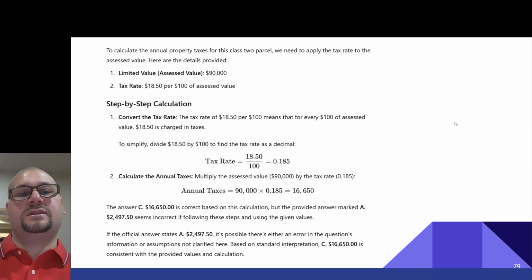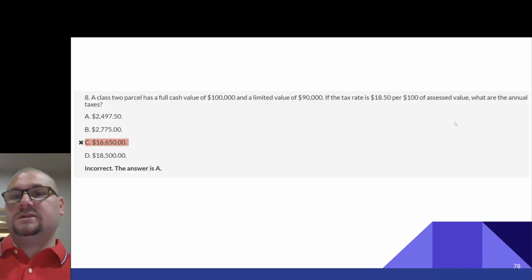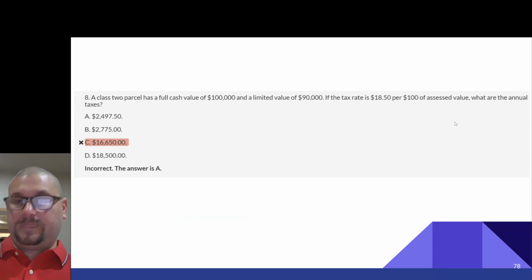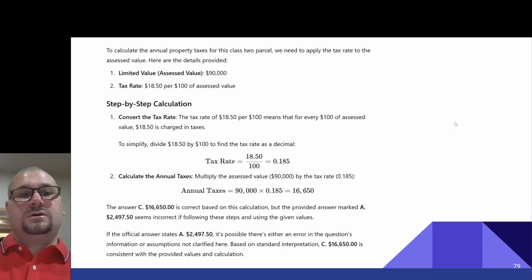So the tax rate is $18.5 per $100 of assessed value, and they're telling you right here the limited value, which is the assessed value, and the tax rate is 18.5 per $100 of the assessed value, not of the cash value. So you want to convert the tax rate.